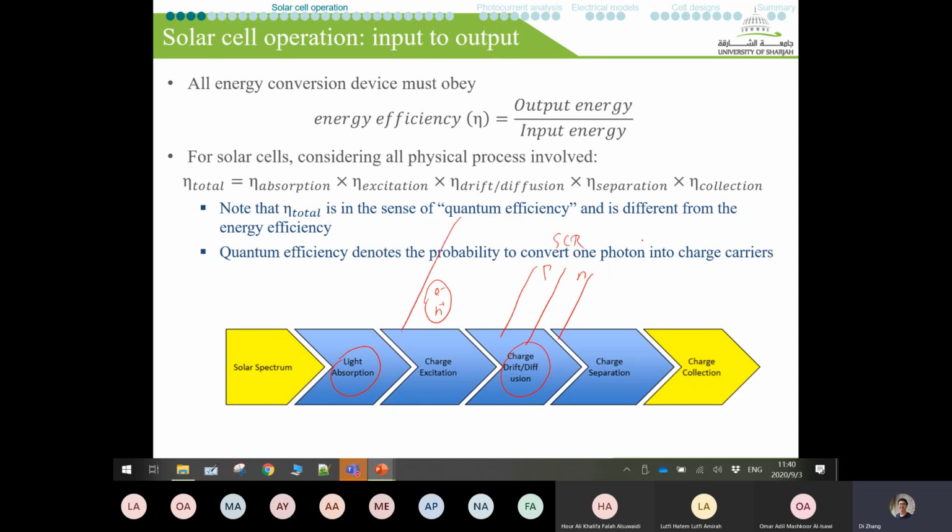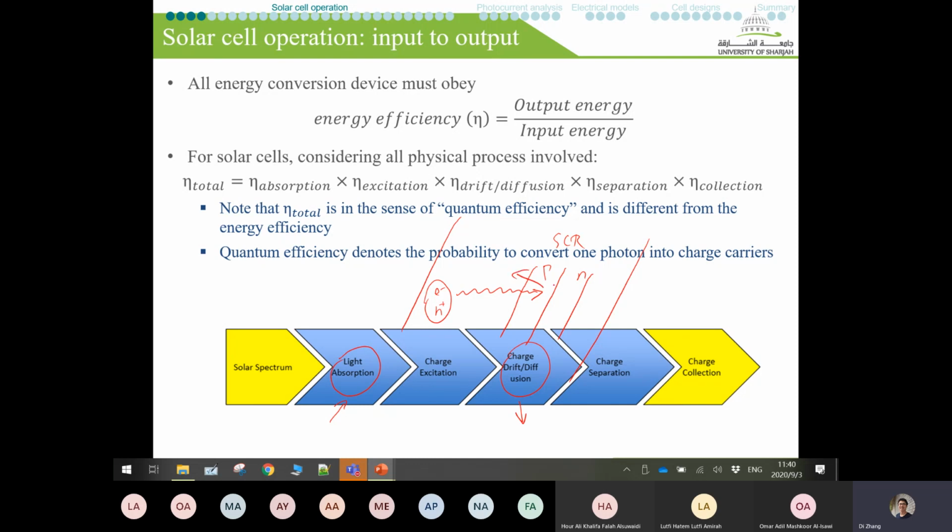If you have a very large thickness for the material, the problem is that they have to diffuse a very long distance to reach the space charge region. But the longer you travel, the more likely the electron and hole pair will be lost on the way. So with the maximum thickness, yes, you can have very efficient absorption, but the chance is that you are going to have very poor diffusion efficiency.